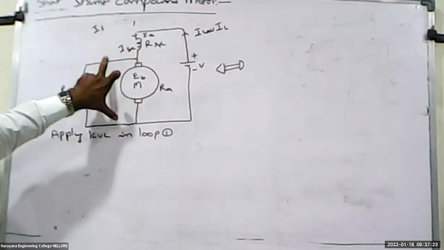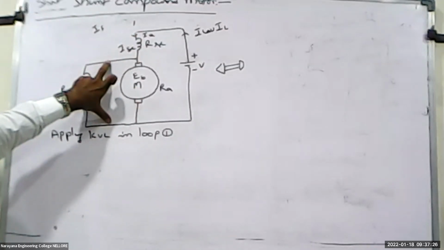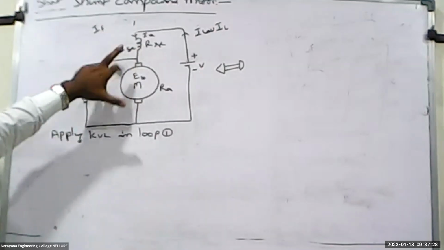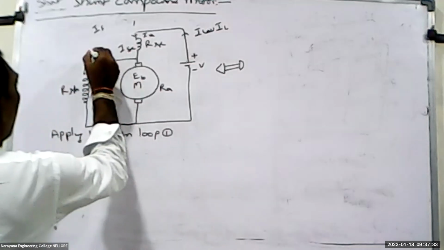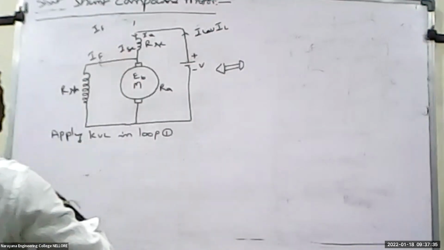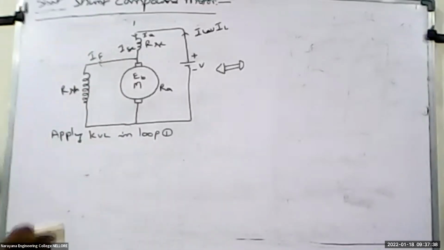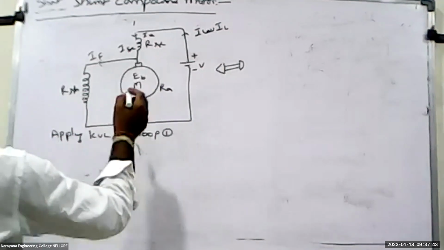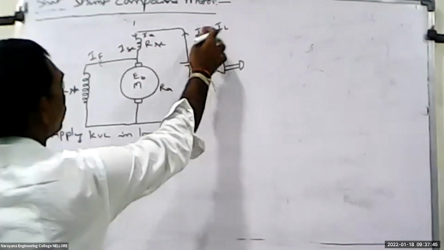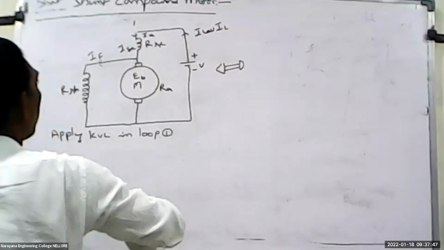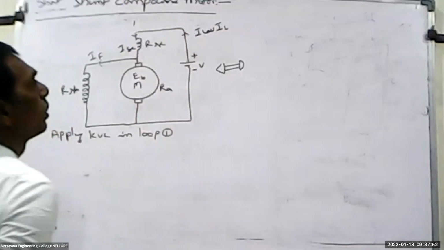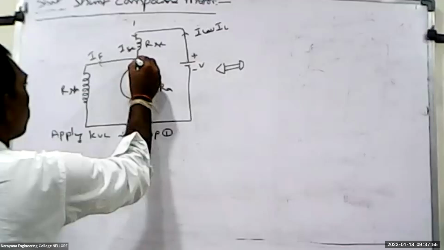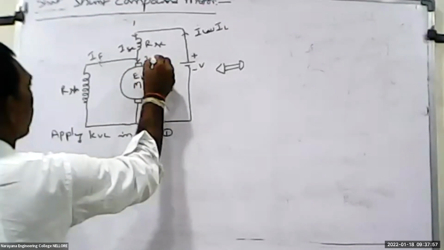So RSH, then I have to assume the current passing through the field winding, and the current delivered by the source is the same, and the current passing through the motor is represented as I.